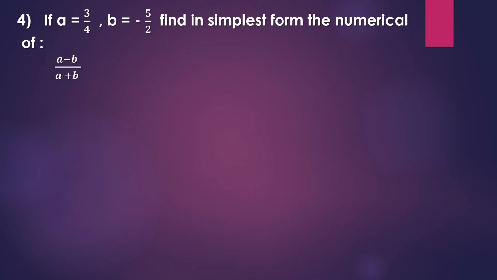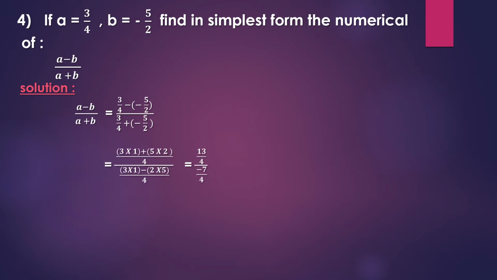We substitute the numbers of a and b as follows. (a minus b) over (a plus b) will equal (3/4 minus negative 5/2) over (3/4 plus negative 5/2), which is equal to... We get the result of the numerator first and the result of the denominator after that.